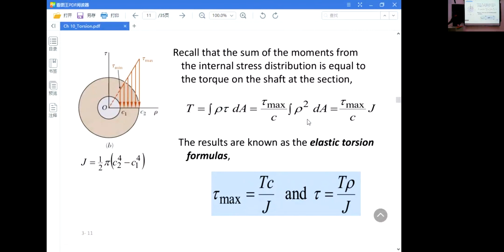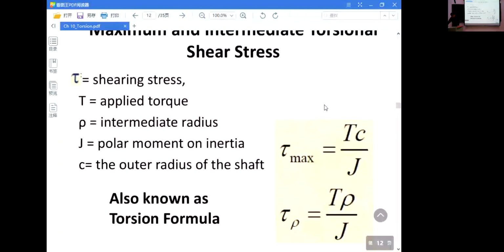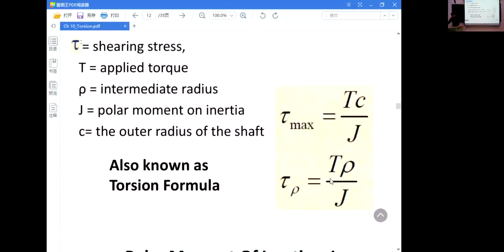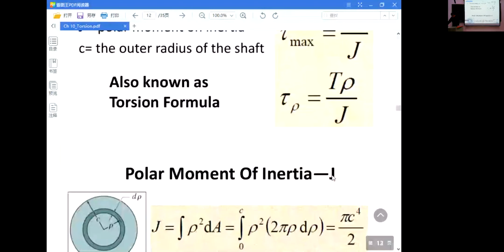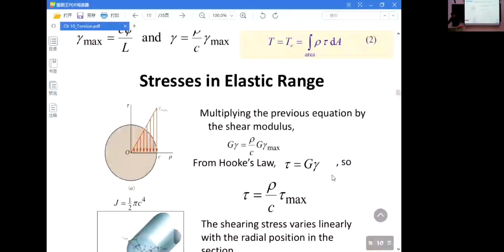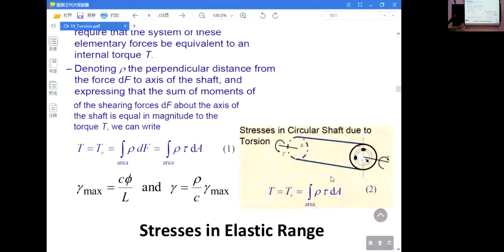How to get this formula? Is the balance zero?